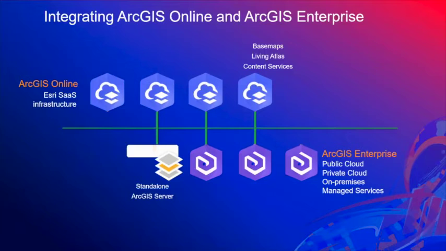Any one of these can be the right pattern for your organization. It really depends on what you're trying to accomplish, as well as the skill set and investment you're interested in making in terms of running software like ArcGIS Enterprise yourself.